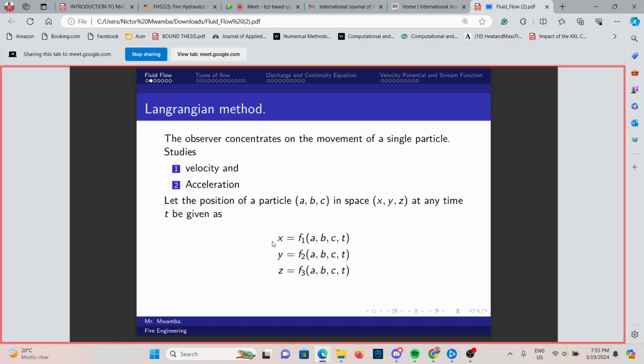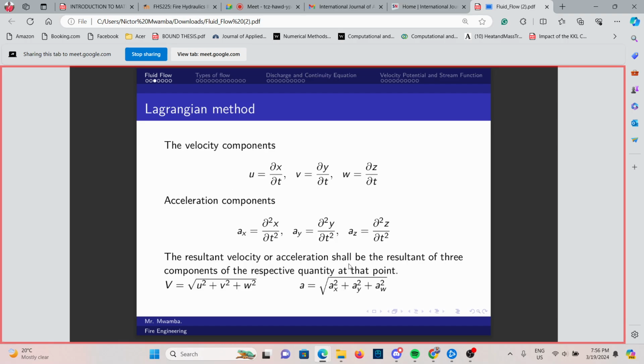So given a fluid particle, depending on these coordinates x, y, z, and also on space and time, we can find the velocity components of that particle by finding the rate of change of displacement, the change in the x direction with respect to the change in time.